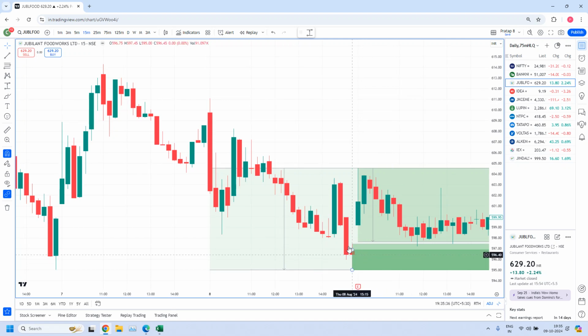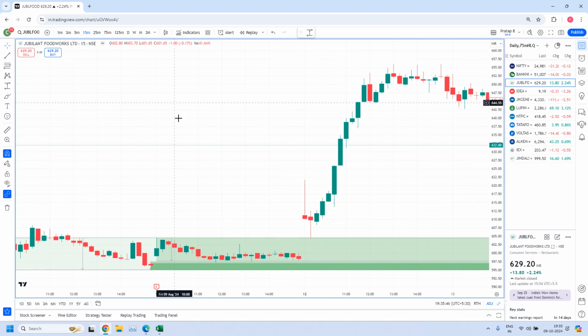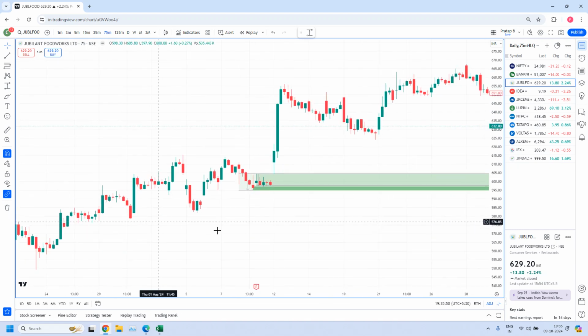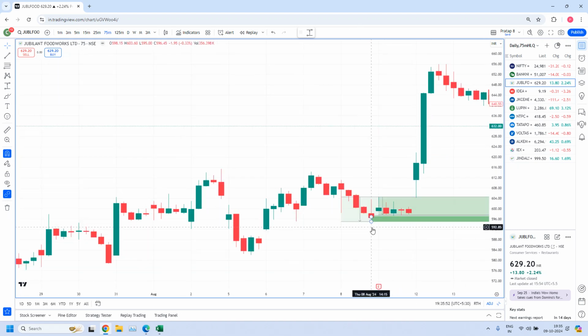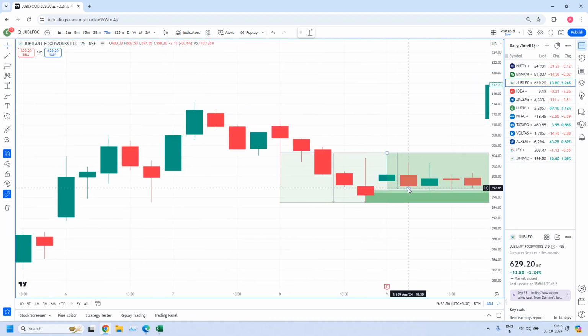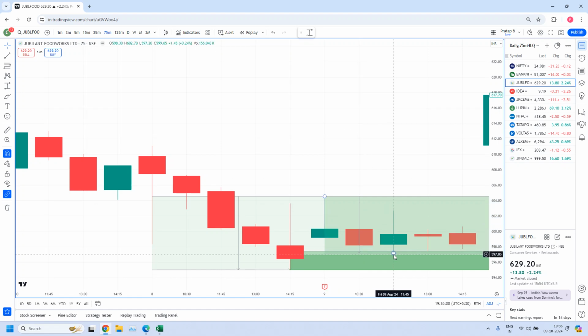Then you might ask, why have I drawn this drop base rally? This is not overlapped with the 15 minute zone. Actually slightly overlapped here. Sorry for my mistake.